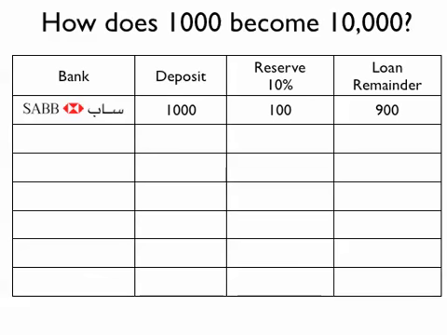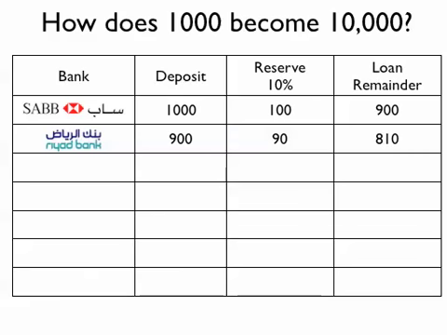Now, let's say that someone has borrowed the money and made a purchase, and the company that they made the purchase from takes the 900 and deposits that in their bank, so the Riyadh bank would then receive a 900 deposit. Now their reserve requirement is also 10%, so they've got to keep 90 riyals. They would have 810 remaining to loan out.